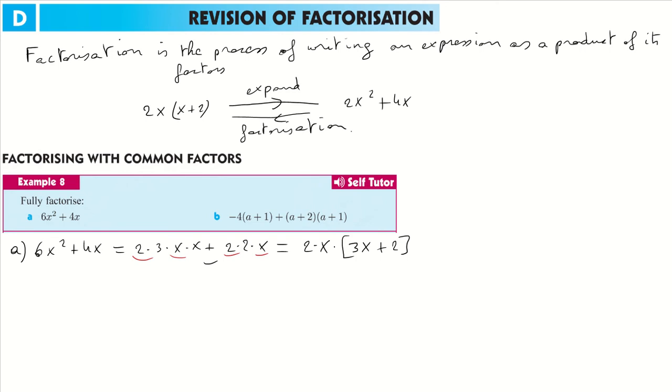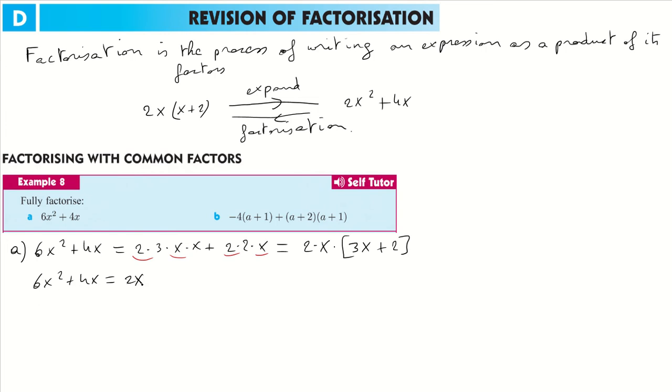So in the beginning, you can maybe use this step here, but actually you can skip that step and go straight away to the answer. Like we have 6x squared plus 4x, and you should actually see straight away that the common factor here is 2x.